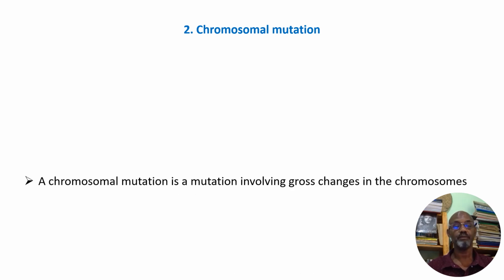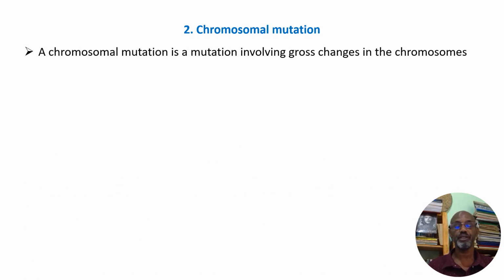Let's go now. A chromosomal mutation is a mutation involving bigger changes in the chromosomes. You see, we are talking about change in the chromosomes. What's a chromosome? A chromosome principally is composed of the nucleic acid DNA and histone proteins, special proteins which hold the DNA.